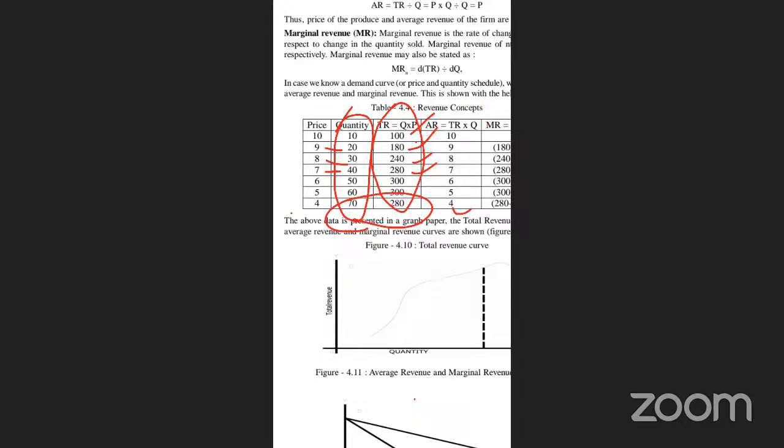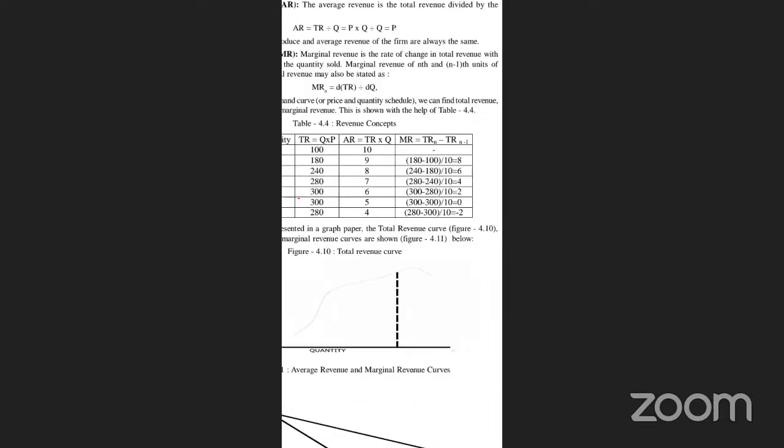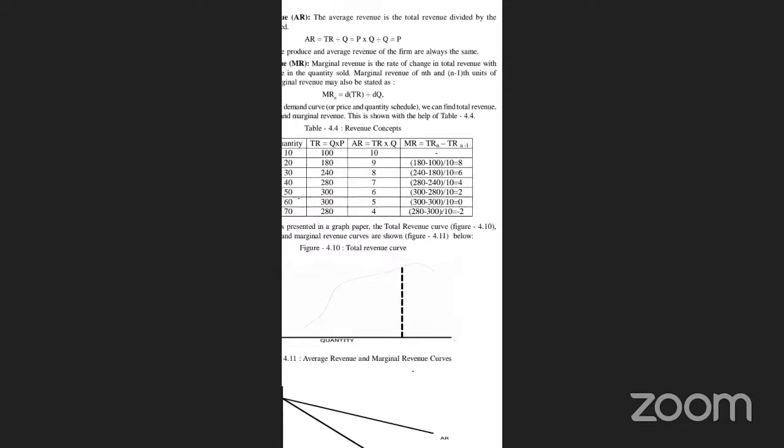All right. Then we have AR, and AR is TR, that's 100 divided by quantity. Now what is your Q? 10 divided by P. Here you can see the formula is given above AR.